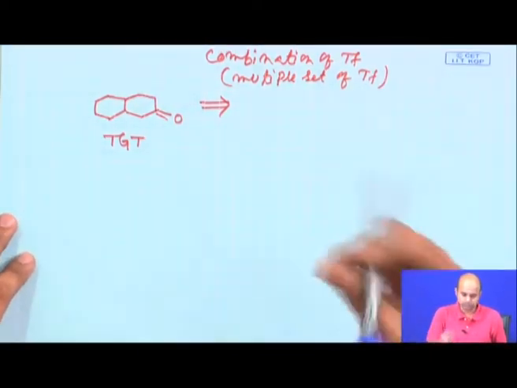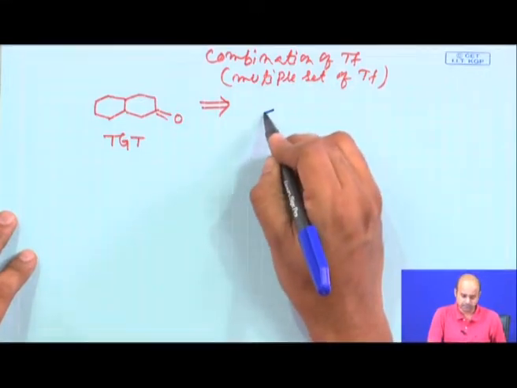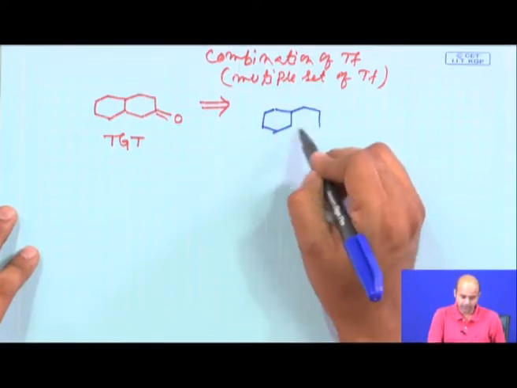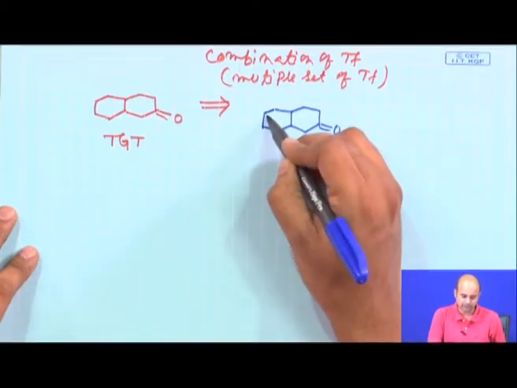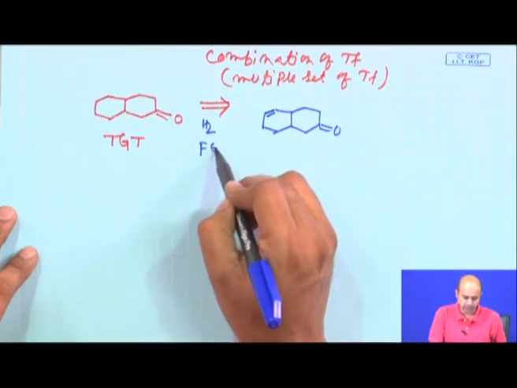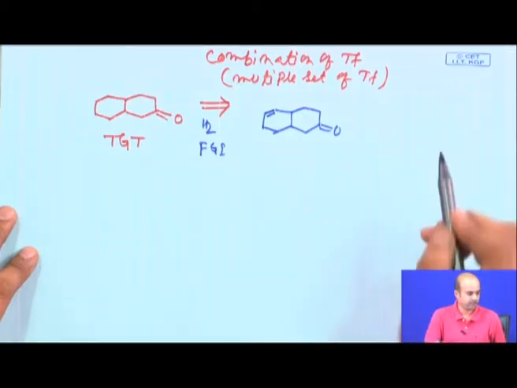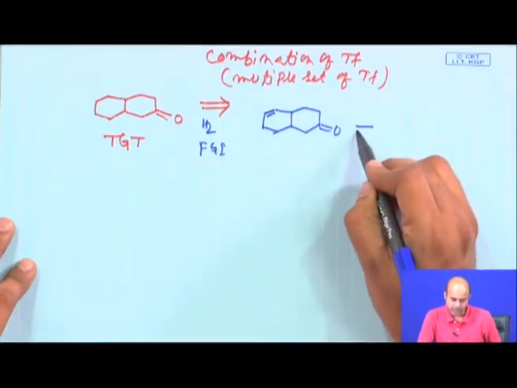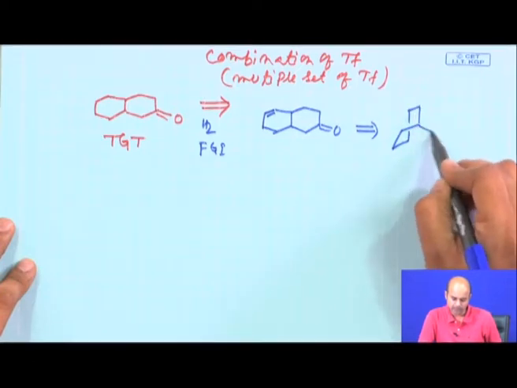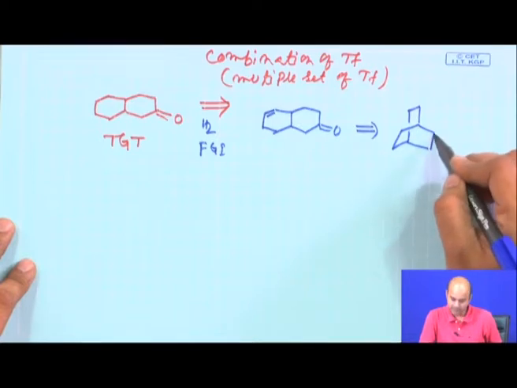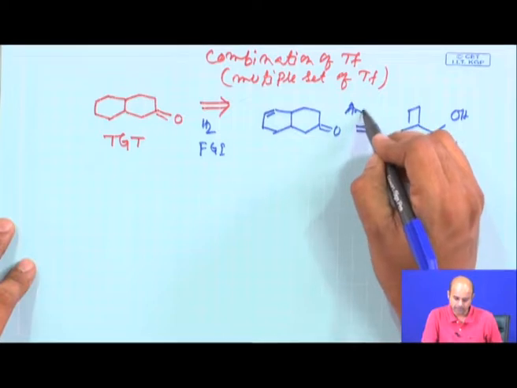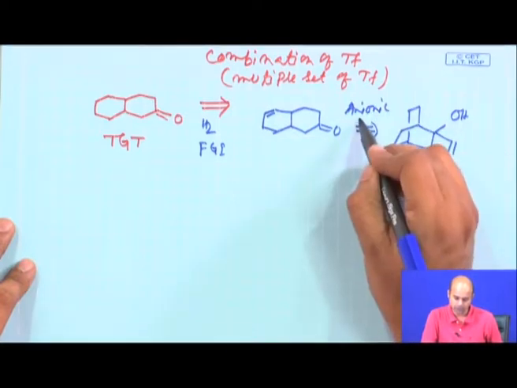Now, if you remember the earlier introductory session's quiz answer, we devised a retro for this molecule something like this. We said we will be doing a hydrogenation here, which is basically a simple functional group interconversion, if you have this starting material. We focused on that this compound in reality can be prepared from an anionic oxy-Cope rearrangement, that was already taught to you, anionic oxy-Cope.